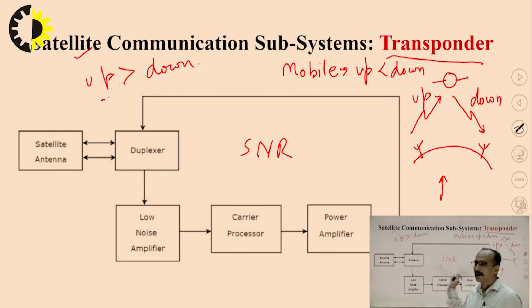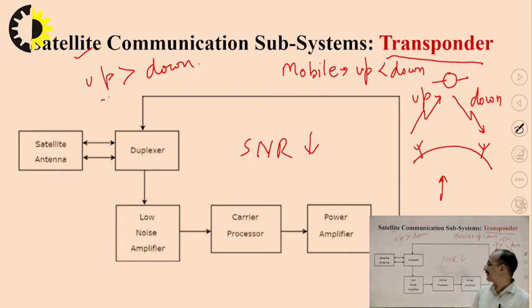When an amplifier amplifies a signal, it also amplifies the noise associated with the signal. Also, the amplifier adds its own noise to the signal. That degrades the SNR.